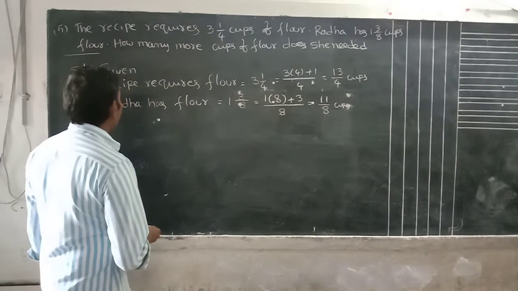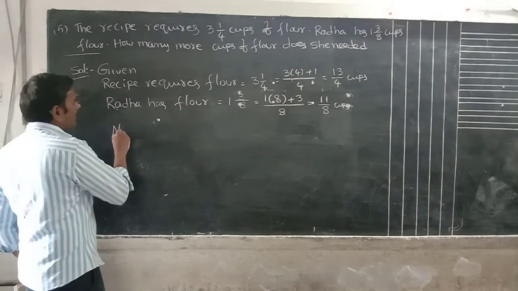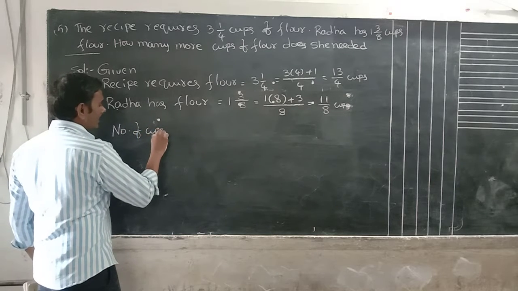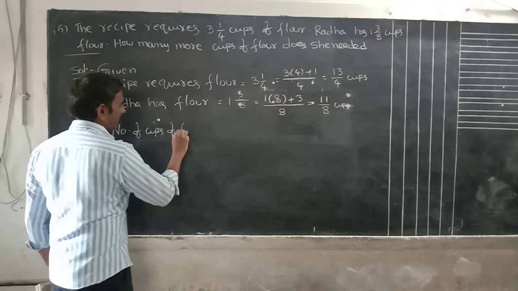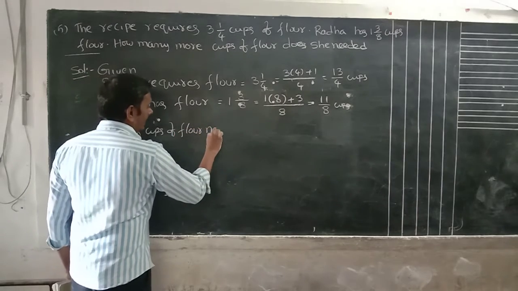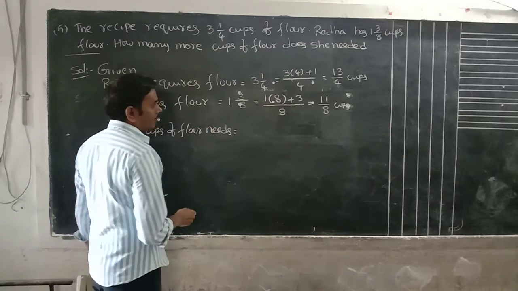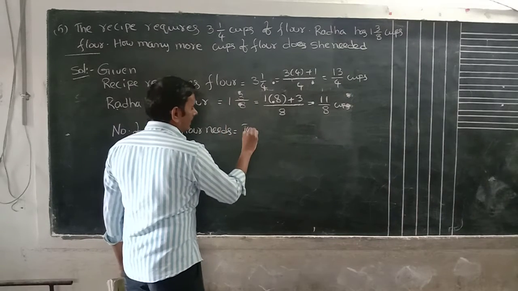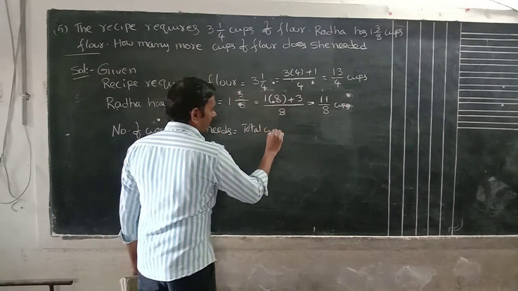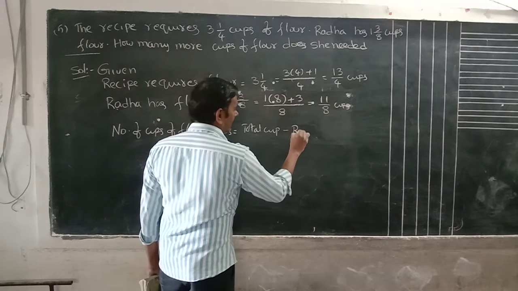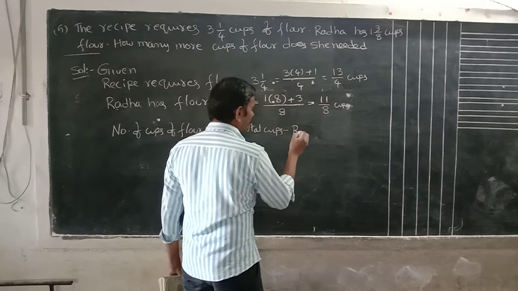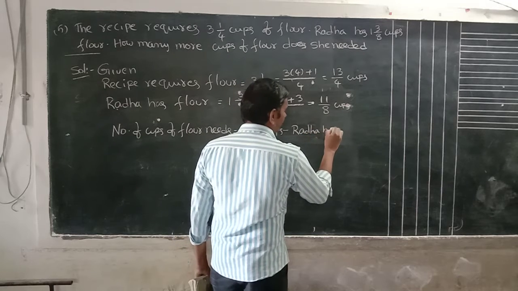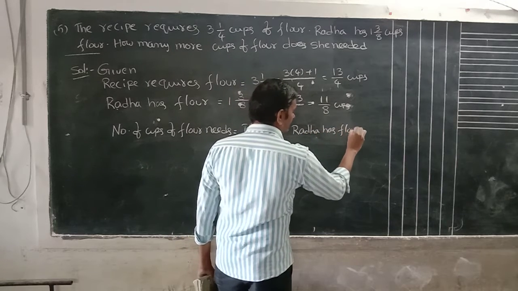Now the number of cups of flour needed is equal to, okay, total cups minus what Radha has.